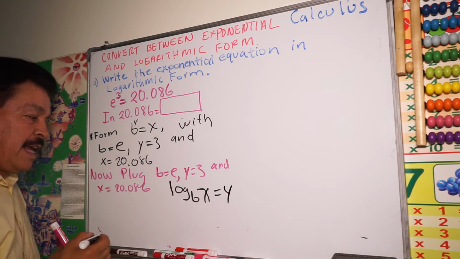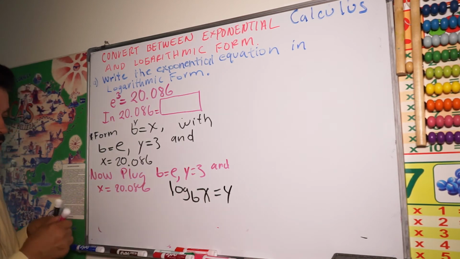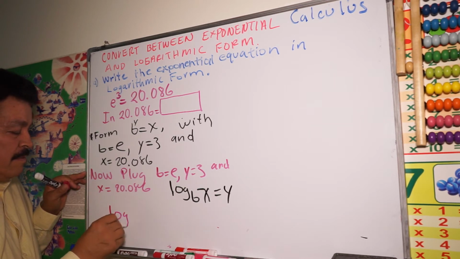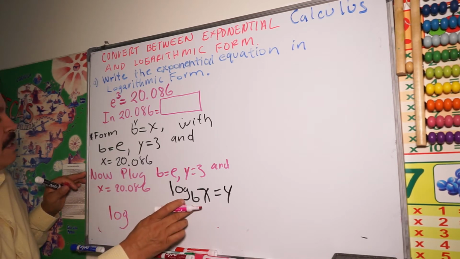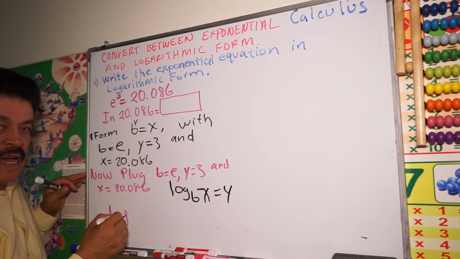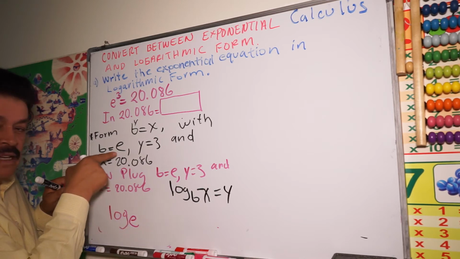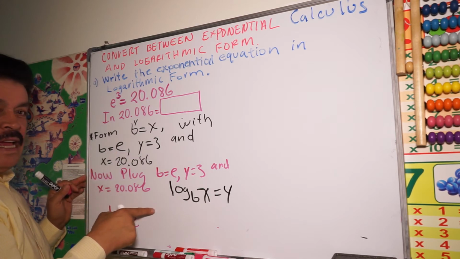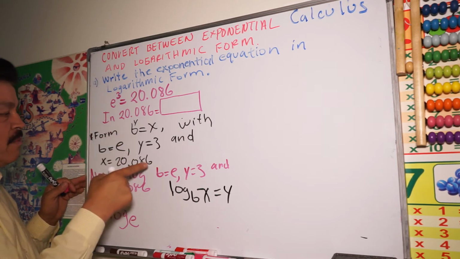So then just write it like this. Log, see the information. How much is b? B is e. Next, how much is x?